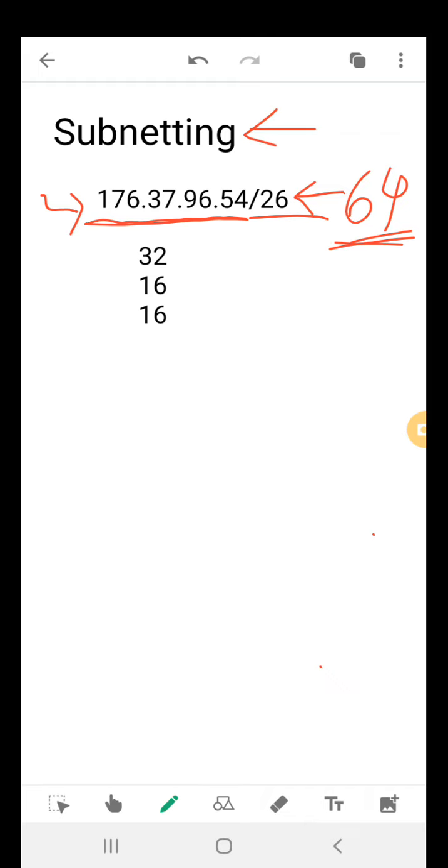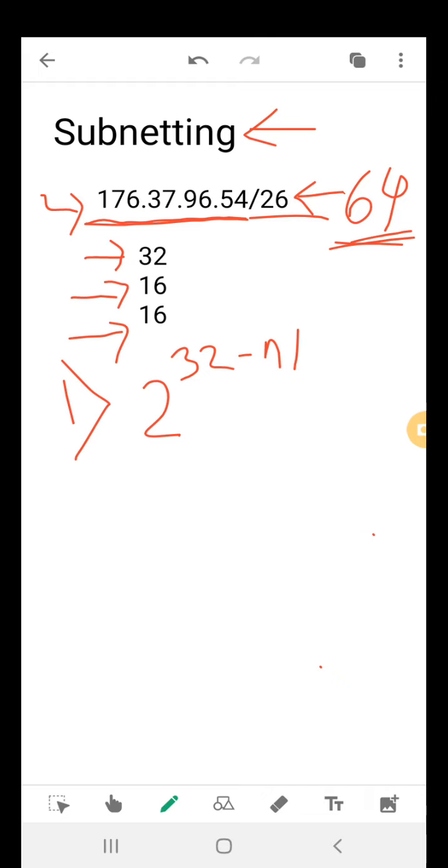Now, in the first office, let us say we require 32 IP addresses. In the second office, we require 16 IP addresses. In the third office, we require 16 IP addresses, for example. So in the first office, we need 32 IP addresses. What should the mask be? Let us say N1 is the mask address of the first office.